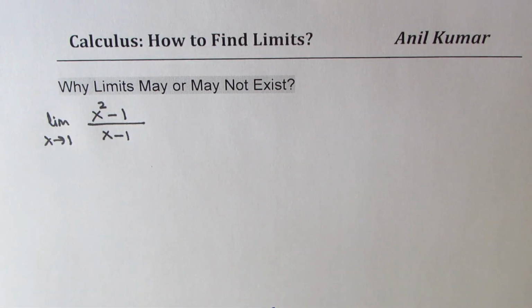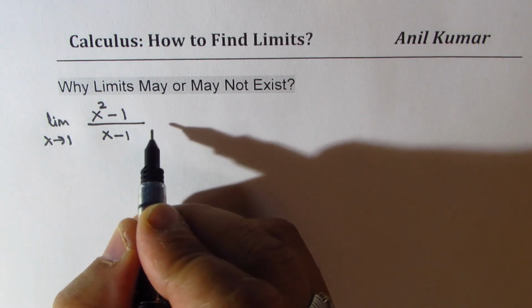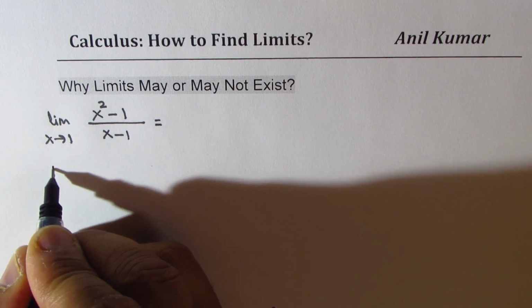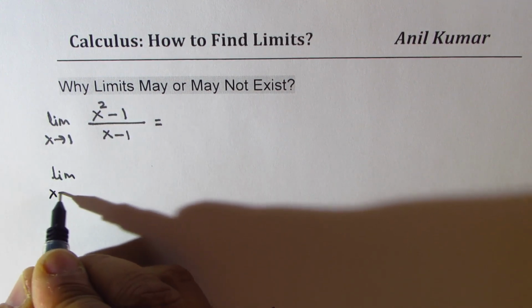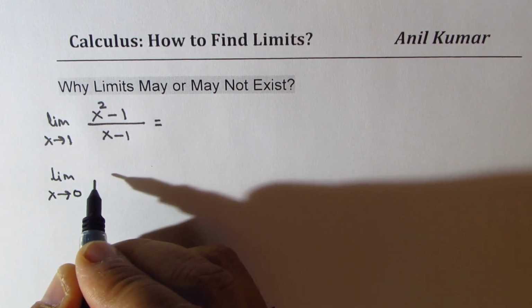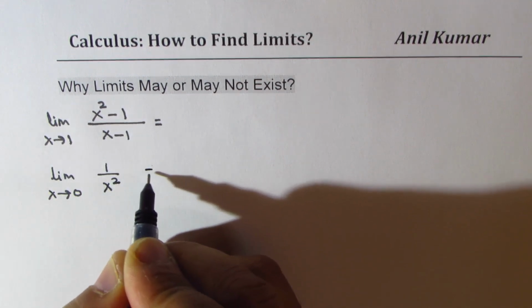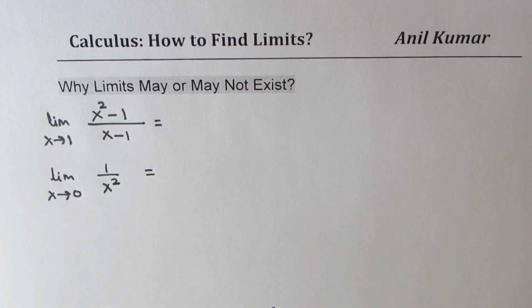Now the limit may exist. You need to find this limit. So that's one of your questions. Second is the limit when x approaches 0, and I'll take the function 1 over x squared. You have to find whether this limit exists or does not exist.